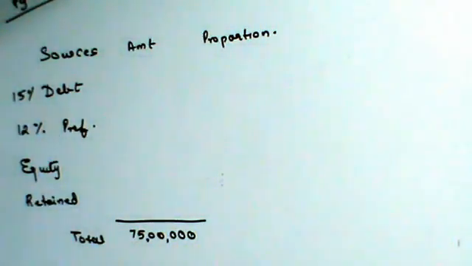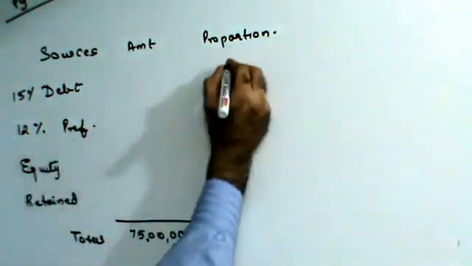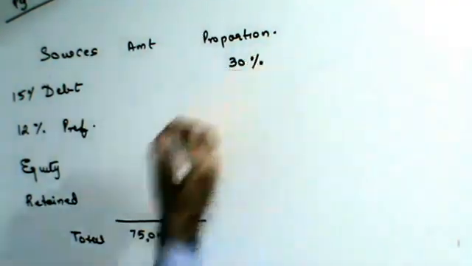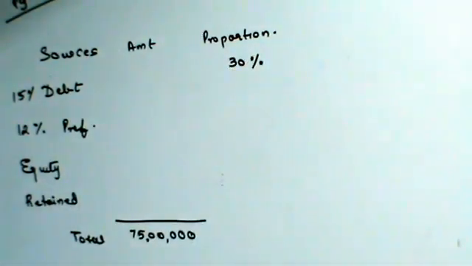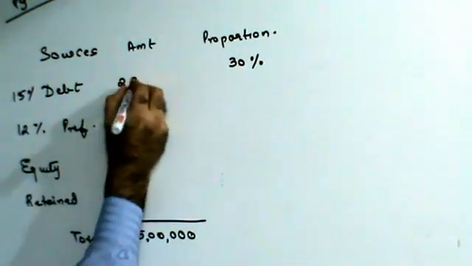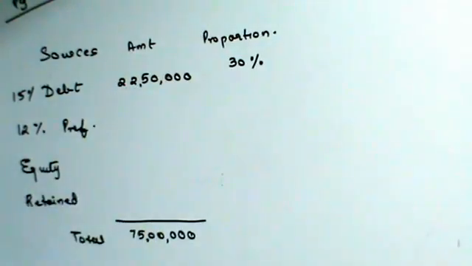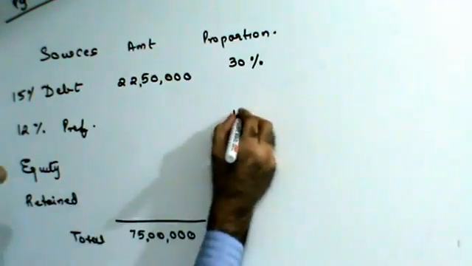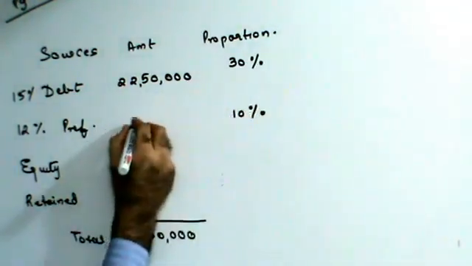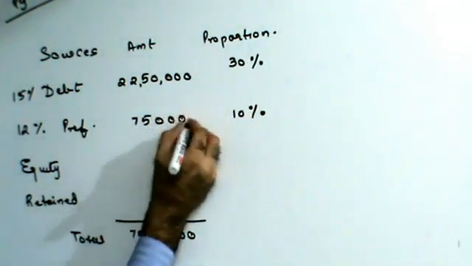Now the given debt is 30%, right? So in that case, this is going to be 30% of 75 lakhs, which is 22 lakh 50,000. Then you have 12% preference share capital is 10%. 10% of 75 lakhs is 7 lakh 50,000.